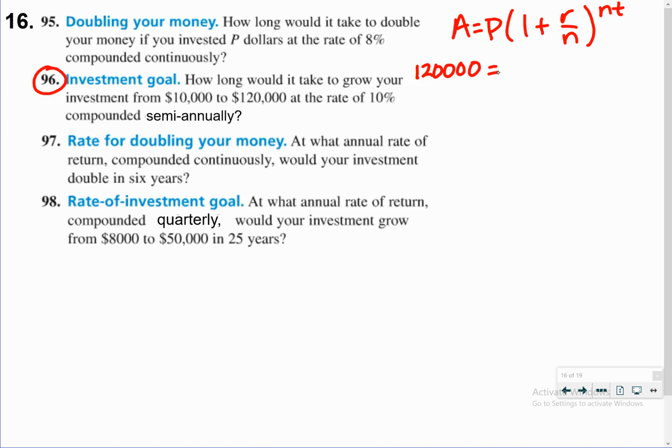Do I know that? 10,000. 1 plus, my interest rate is 10%. Move that decimal 2 spaces to the left, so 0.10. If it's compounded semi-annually, how many times a year is that? 2, and then 2 times the number of years, which is T, what we're solving for.